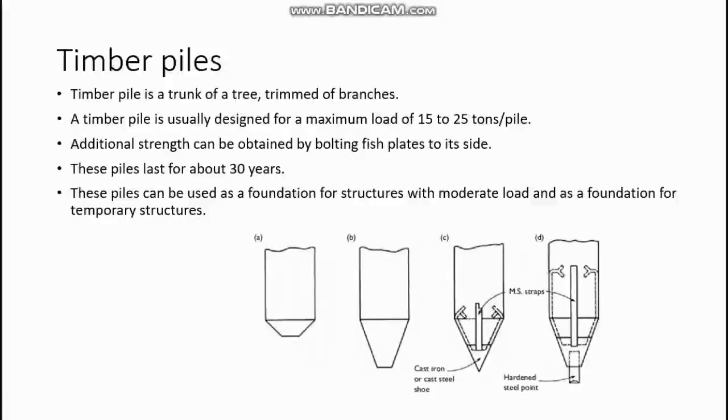Timber piles are also prone to damage by hard driving. While driving, they can get damaged. Timber piles cannot be driven through hard strata or boulders. That is a major negative point, or the lacking point. Also, piles of longer length may not always be available in the case of timber piles.